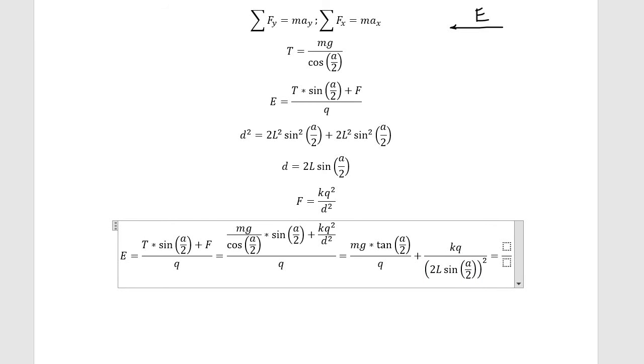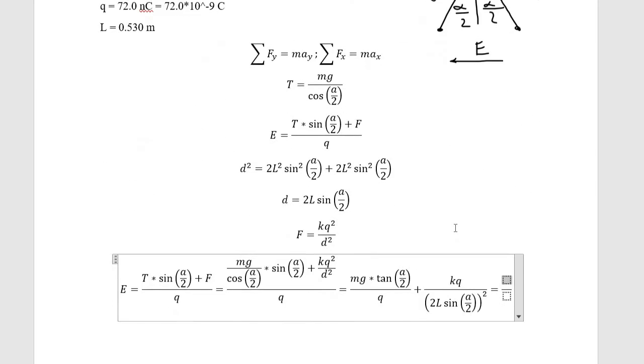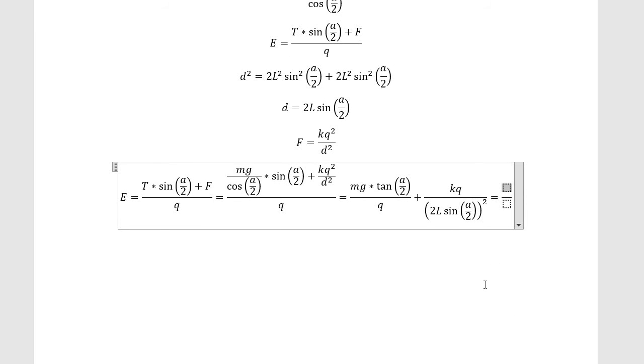So now we have all the information we need, and we do have all the values, so we just insert them here.